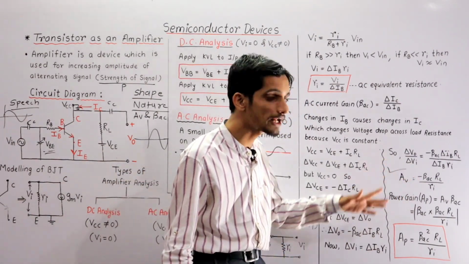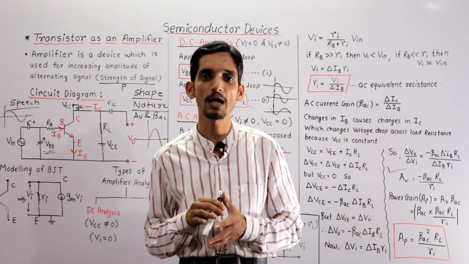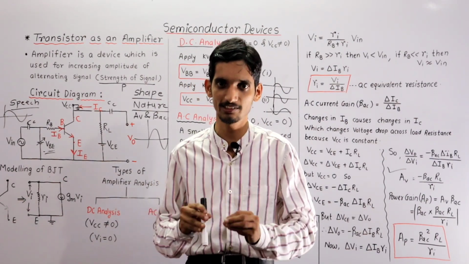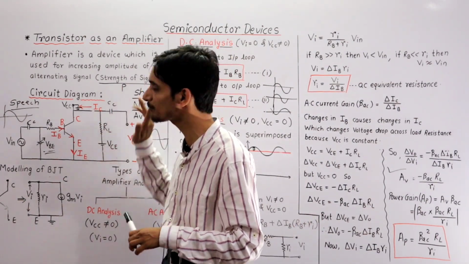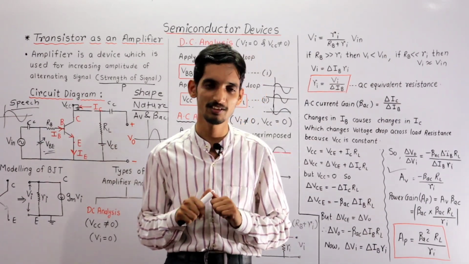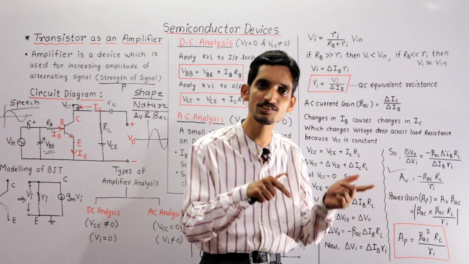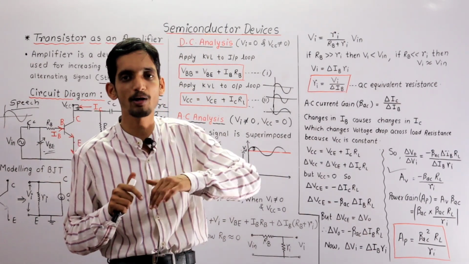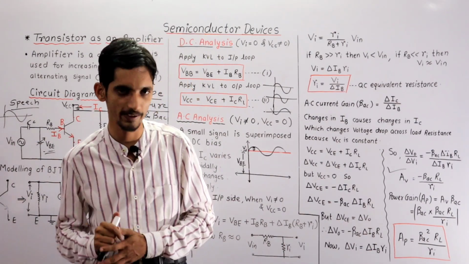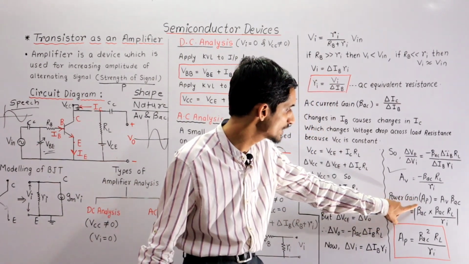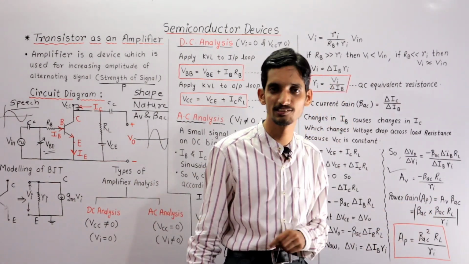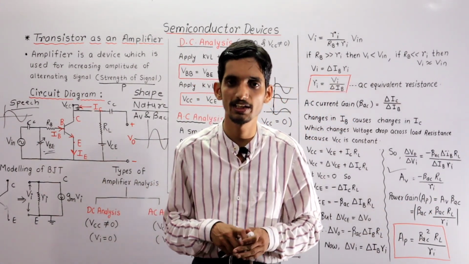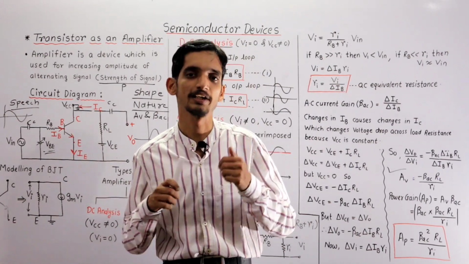Now we have to calculate power gain, because in transistor amplifier more important is the strength of the signal. So strength means power gain. So power gain is equal to voltage gain into current gain, because as we know power is voltage into current. That's why power gain AP is equal to AV into beta AC, where AV is the voltage gain and beta AC is the current gain.